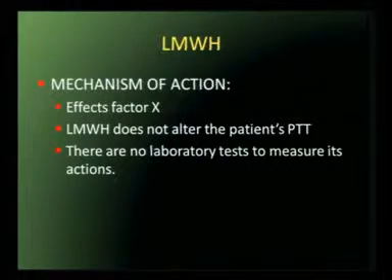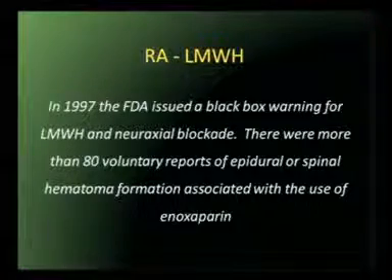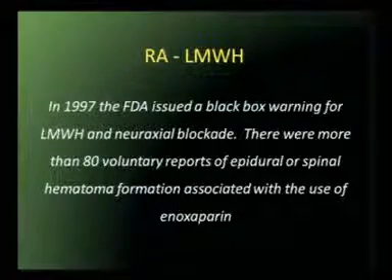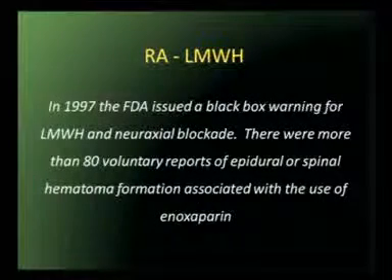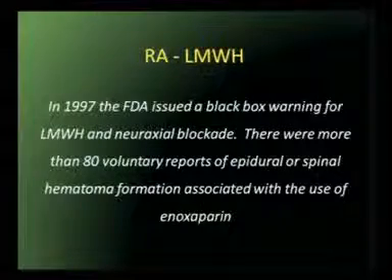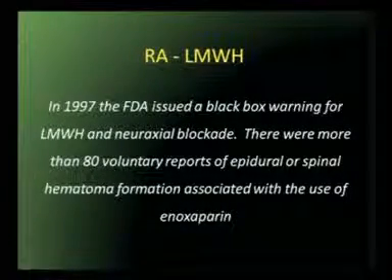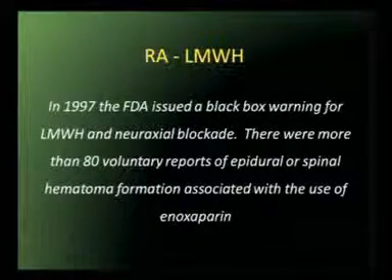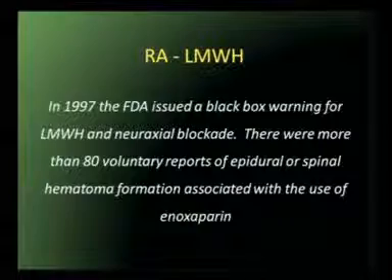So the mechanism of action is the same, factor 10 inhibition, and that's how they minimize the incidence of DVT and have their anticoagulant effect. But when LMWH was introduced for the first time in the early 90s, the FDA issued a black box warning stating that LMWH can cause neuraxial hematomas, and every anesthetist has to know.